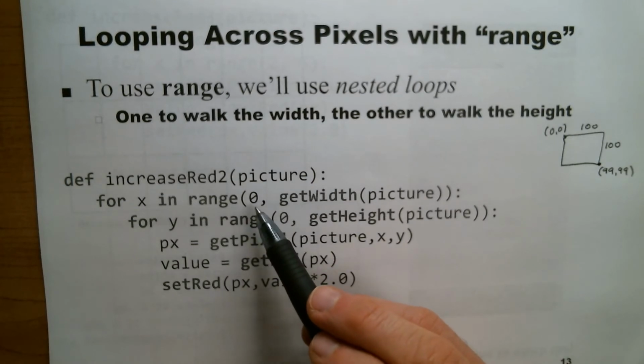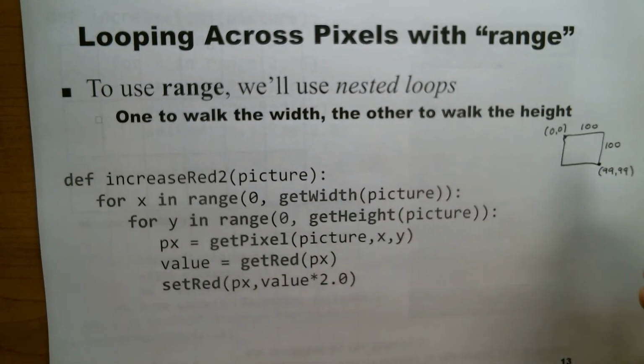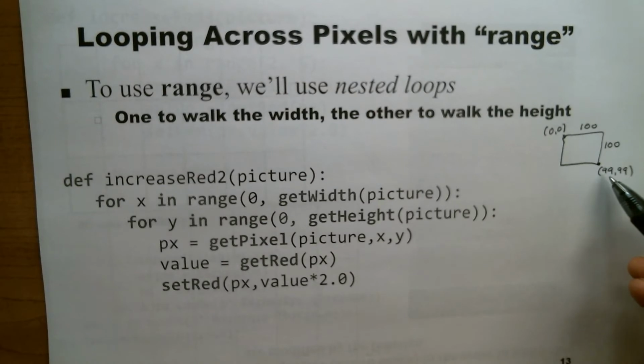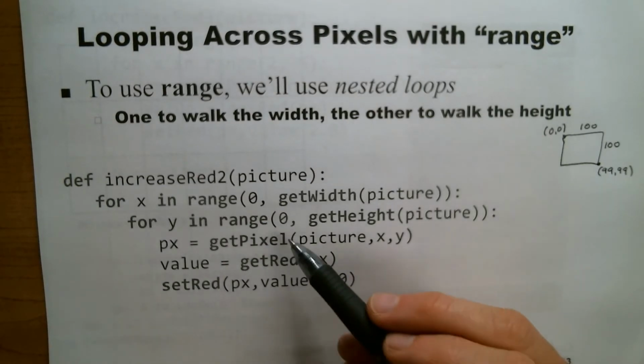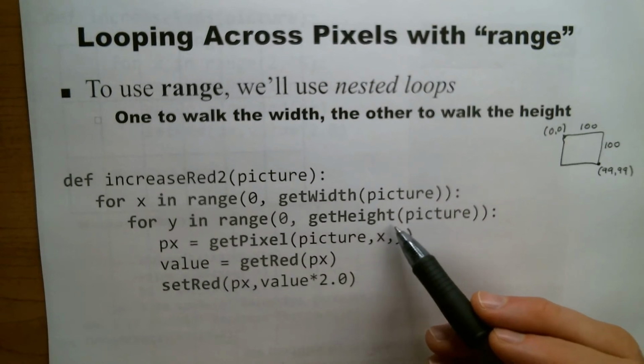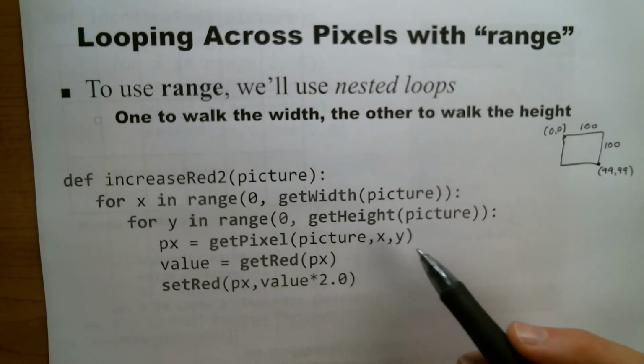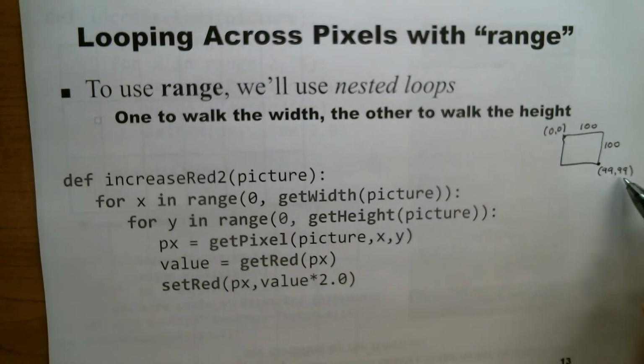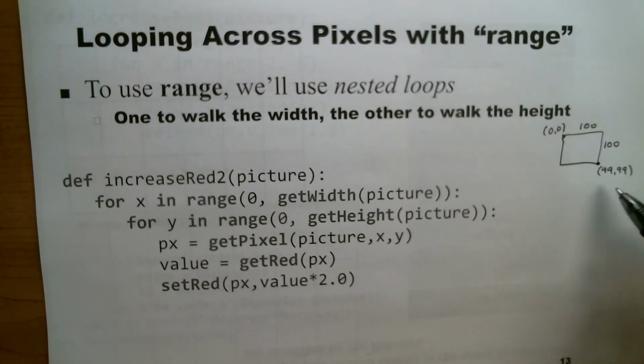This is going to do a range from 0 to 100, which is actually only going to go from 0 to 99. Same thing down here. If I say a range from 0 to get height, and the get height is 100, it's only going to go to 99, just like I need it to. So this range, yes, it cuts one off at the last number, but since most things in a computer start at 0, that actually ends up being really helpful for us.